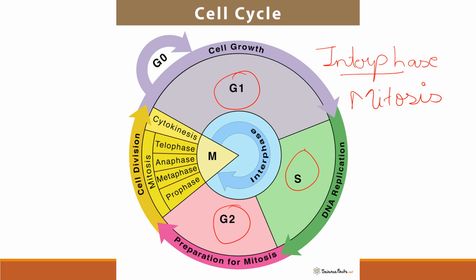G1 phase is mainly for cell growth, S phase is for DNA replication and G2 phase is for preparing for mitosis. And after preparing for cell division in interphase, the cell moves towards the actual phase of cell division, that is mitosis, that I would be coming up with in a new video. So in this video we would be mainly concentrating on interphase.